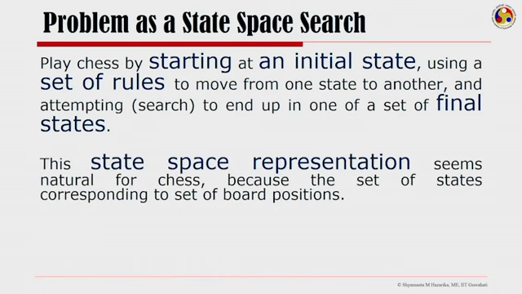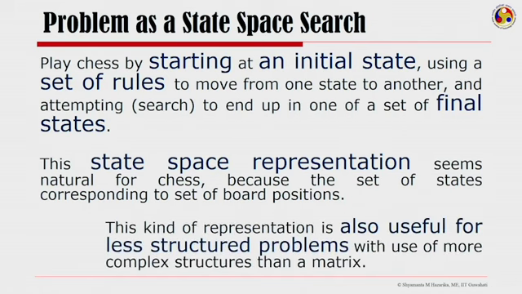This state space representation seems natural for games such as chess and the 8 puzzle, because the set of states corresponds to the set of board positions. This kind of representation may not be as obvious, but is also useful for less structured problems, with the use of more complex structures than a matrix.